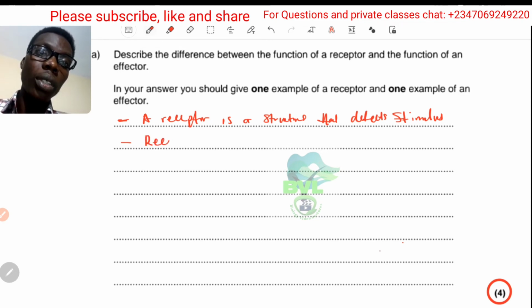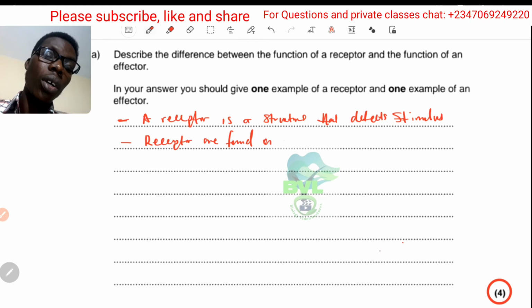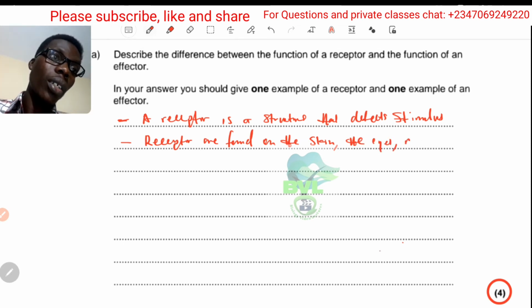receptors are found on the skin, the eyes, nose, tongue.